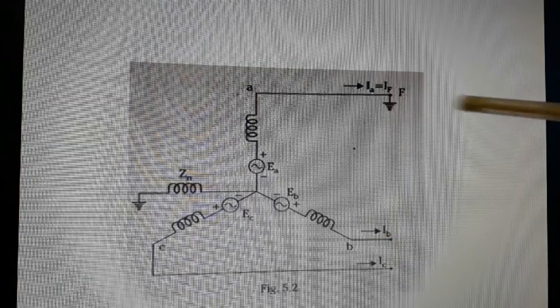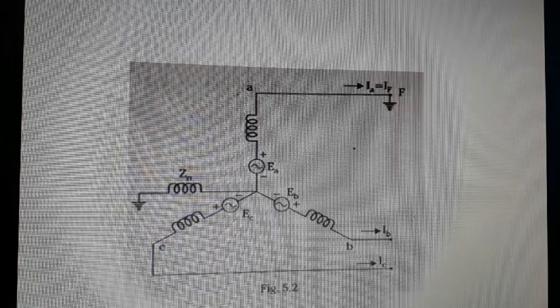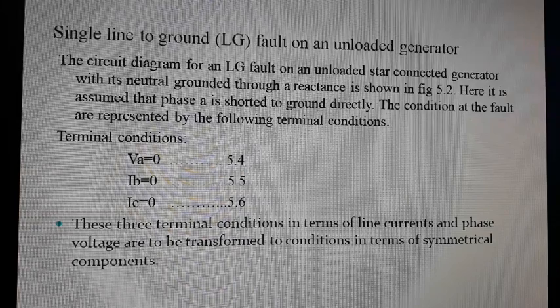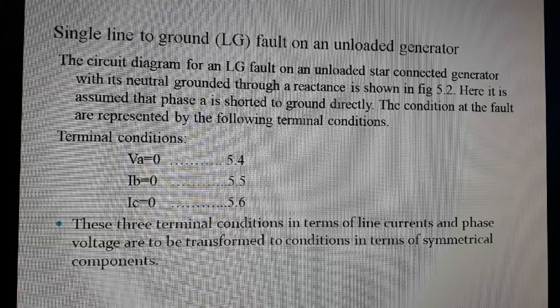Only phase A is grounded, and the neutral is also connected through the reactance shown in this figure. The terminal conditions for this type of fault: as A is grounded, Va must be equal to 0, the voltage at that phase is 0, and for the other two phases, the currents IB and IC must be equal to 0.